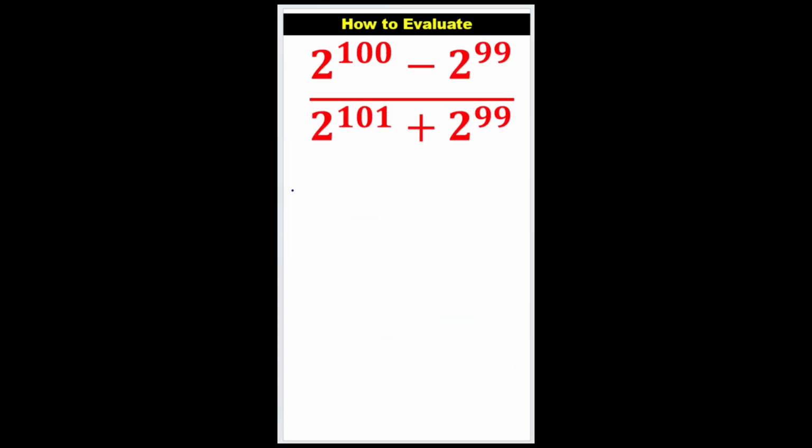How to evaluate 2 to the power 100 minus 2 to the power 99 divided by 2 to the power 101 plus 2 to the power 99. So here we can write it like this: 2 to the power 99 into 2 to the power 1. Base equal, power will be added, so 99 plus 1 means 100, minus 2 to the power 99.